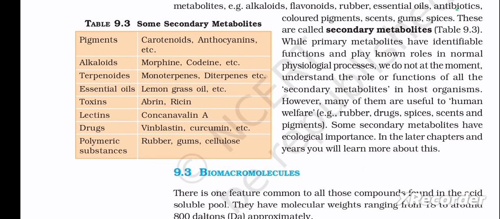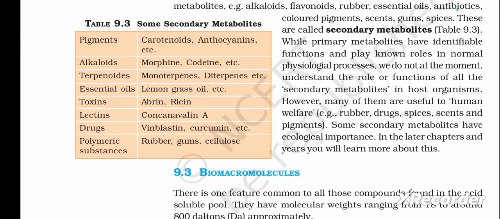Pigments are carotenoids, anthocyanins, etc. And alkaloids are morphine, codeine, etc. Terpenoids are monoterpenes, diterpenes, etc. Essential oils are lemongrass oil, etc. Toxins are abrin, ricin, etc. Lectins are concanavalin A. Drugs are vinblastine, curcumin, etc. Polymeric substances are rubber, gums, cellulose. So these are the secondary metabolites.